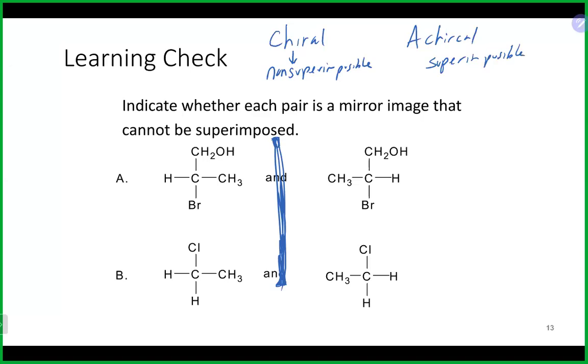The difference is that if something is chiral, when you look at the carbon, we should have four different groups attached. If we take a look at this one, that is different than this, which is different than this, so that is four different groups attached. That's going to be a chiral compound, which means we should have non-superimposable mirror images.